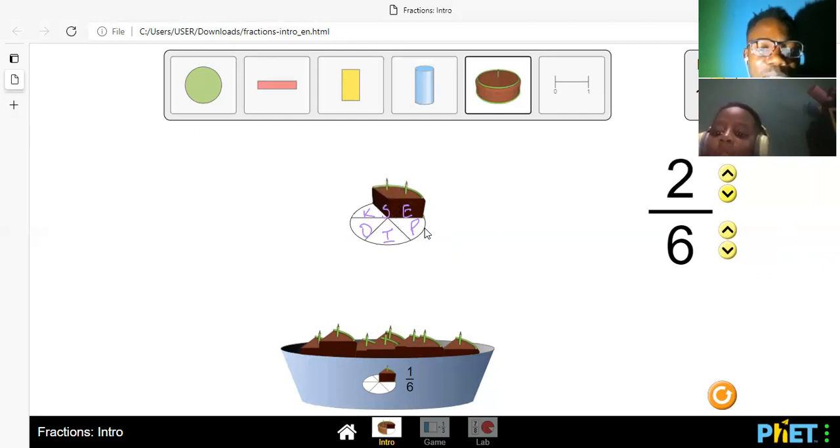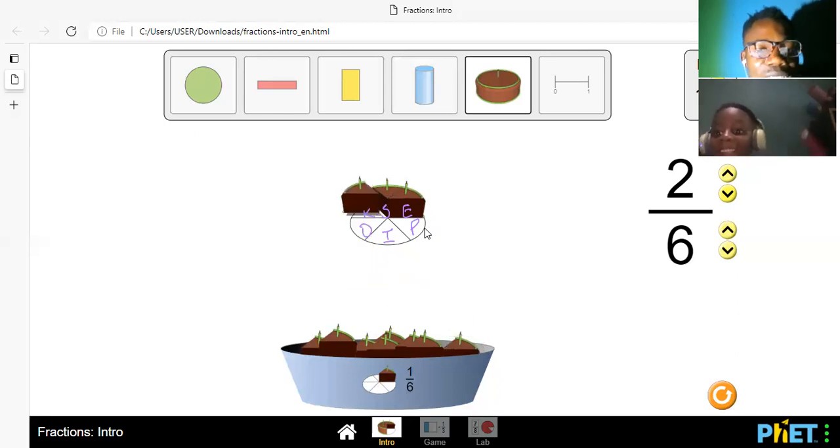Can you see that as I'm giving them, the number is changing? If I give Shewa now, what will the number turn to? 2 over what? 2 over 6. Good.